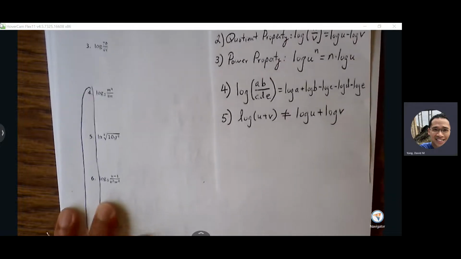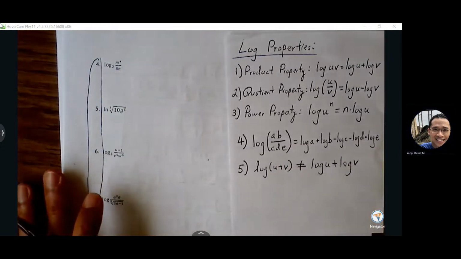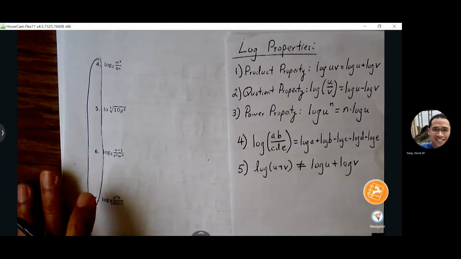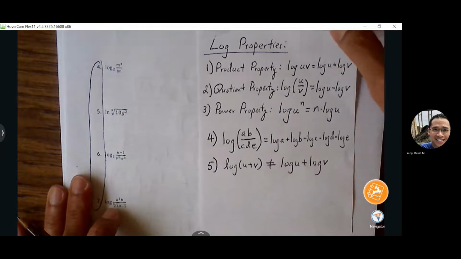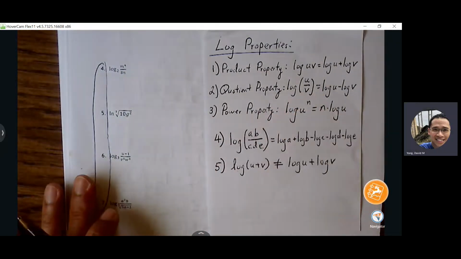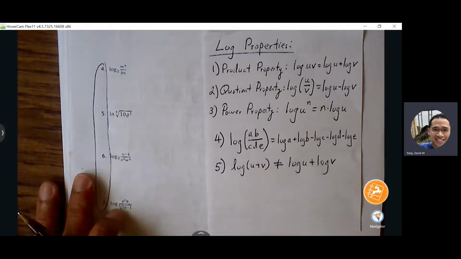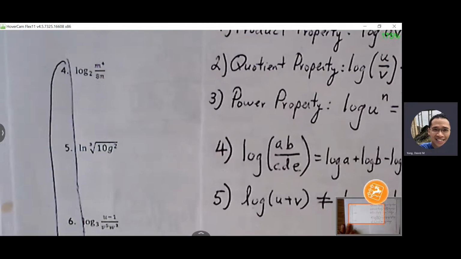Okay, so here's number 4. Log base 2 of m to the 4th over 8n. So we see that the m to the 4th and 8n are divided, so we can do quotient property.